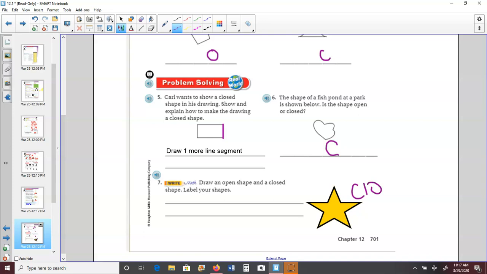All the sides are connected. And so that would be a closed shape. Woo! There we go. And for an open shape, I don't know. Something like that. Open. Doesn't have to be pretty.